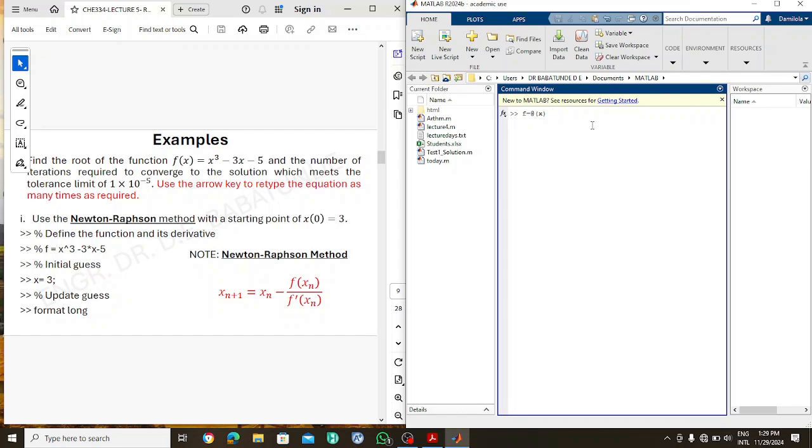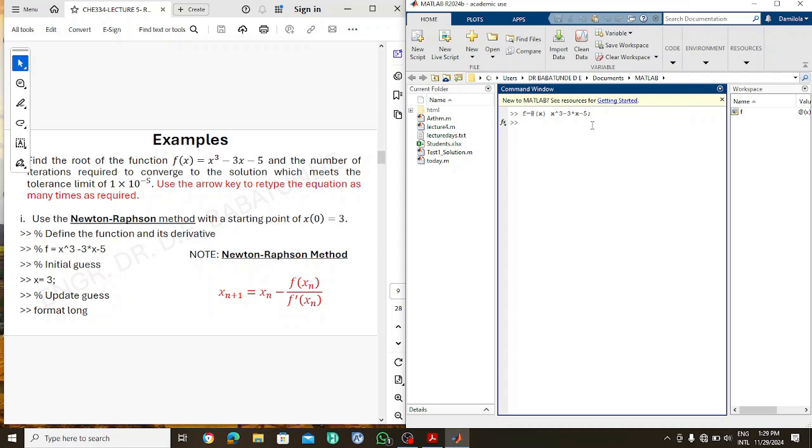It's equal to x raised to power 3 minus 3 times x minus 5. Okay, let me put a semicolon.